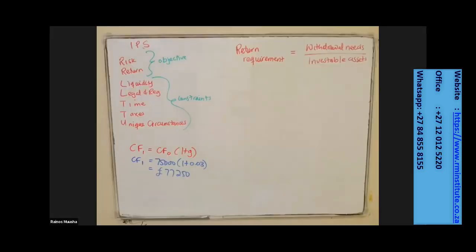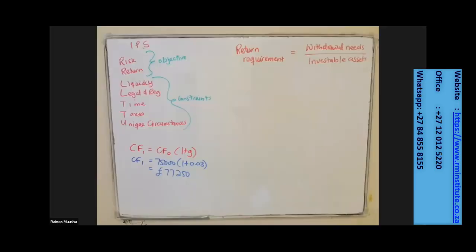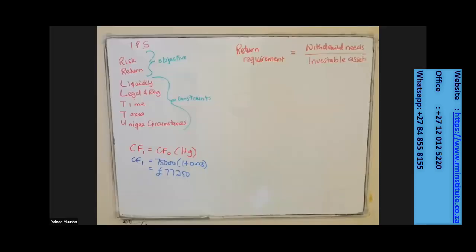With regard to, I think it was the statement of cash flow, right? The statement of cash flow we did earlier on. Are we expected to do that before we advance to the investment policy statement? You mean the cash flow statement?